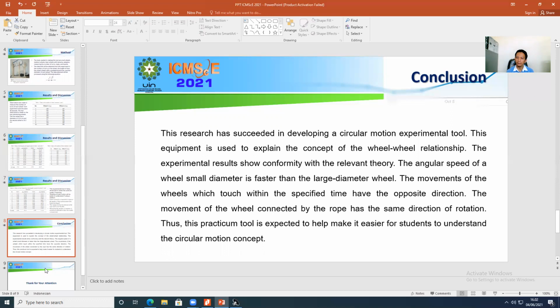The movement of wheels that touch within a specific time have opposite directions. The movement of wheels connected by the rope has the same direction of rotation. Thus, the tool is explained to be useful for students to understand the circular motion concept.